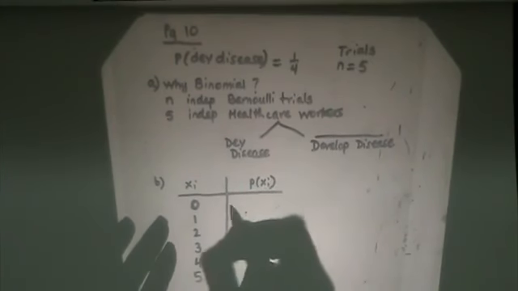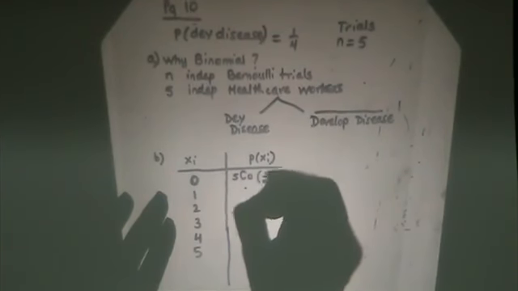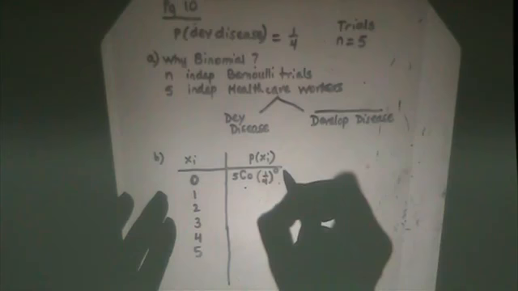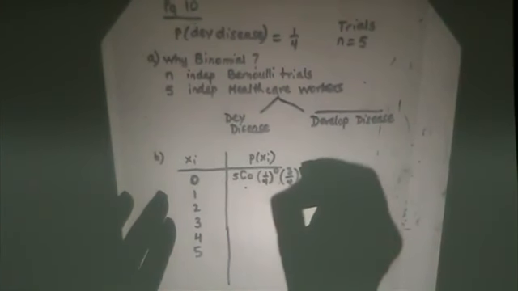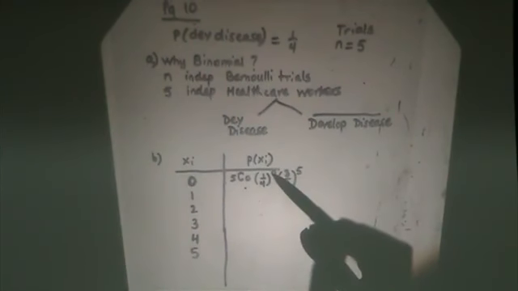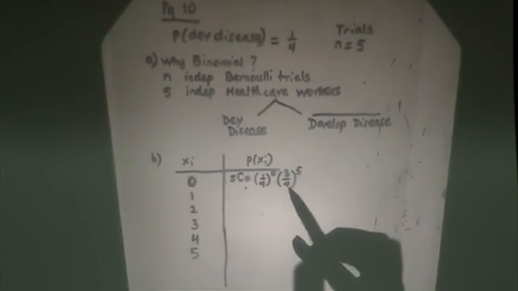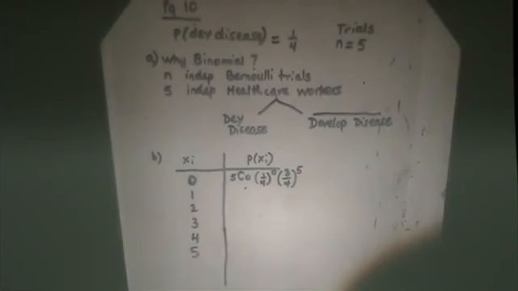This would be 5 choose 0, 1/4 to the 0, 3/4 to the 5th power, meaning probability of developing the disease to the 0 power, because nobody does, and not developing the disease to the 5th power, because 5 of them do not develop the disease, if exactly 0 of them do.